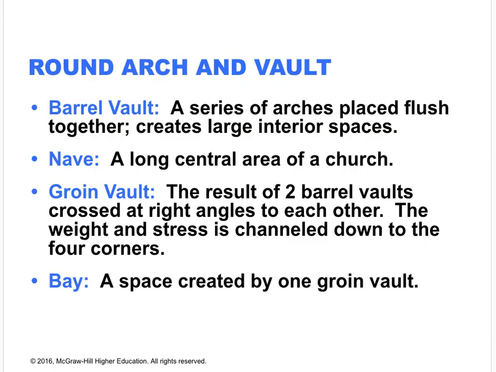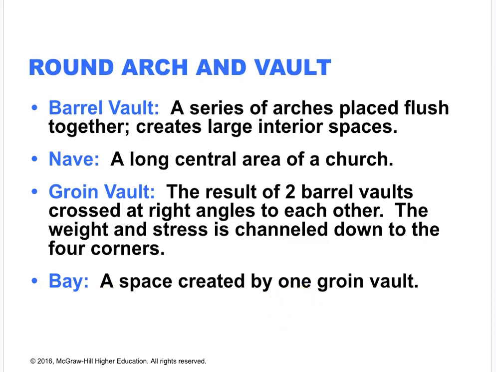So a groin vault is the result of two barrel vaults crossed at right angles to each other. The weight and stress is channeled down to the four corners. And a bay is the space created by one groin vault.